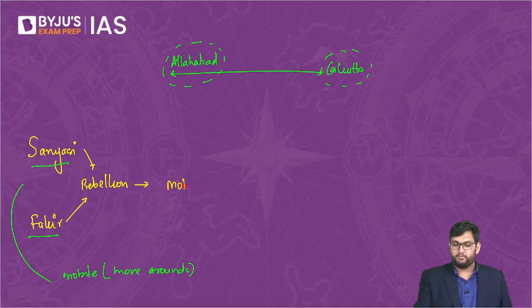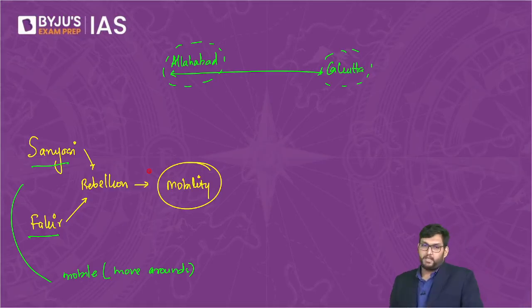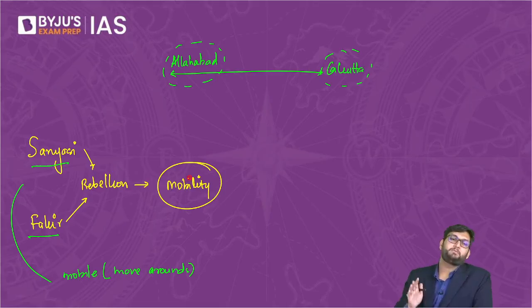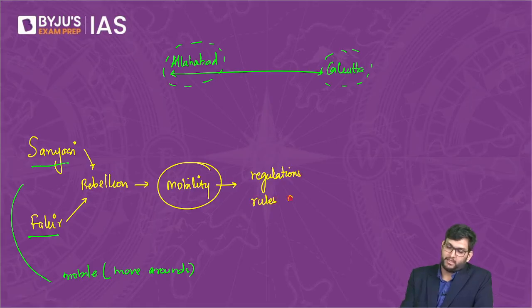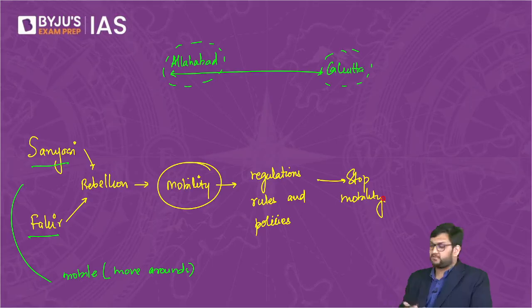That they are moving around and we need to stop it. Mobility, therefore, was something which the British wanted to curb. And as soon as there will be regulations, there will be certain rules and certain policies which will try to stop their mobility. For example, the easiest, registration.